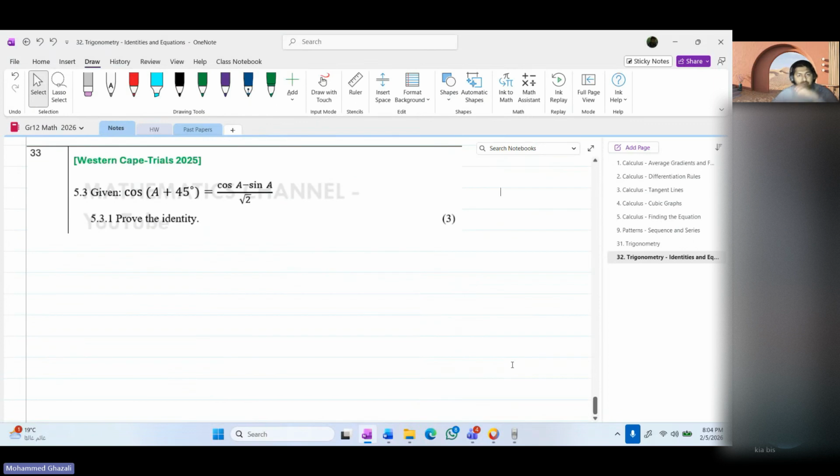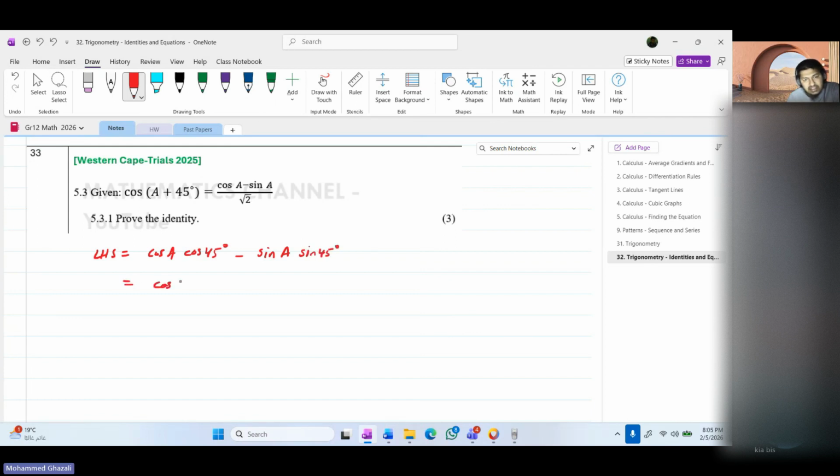So we are given cos of a plus 45 is cos a minus sine a over root 2. Prove this identity. It's easy to prove. How? We're going to say left-hand side is equal to cos a cos 45, expanding cos of a plus 45, minus sine a sine 45. We kind of just did this problem now.